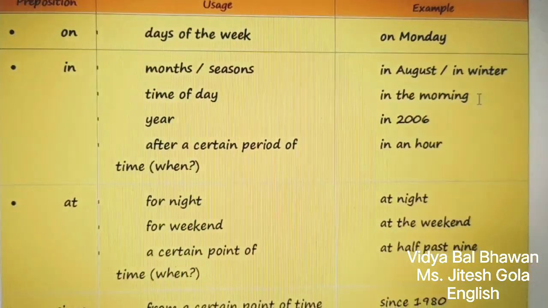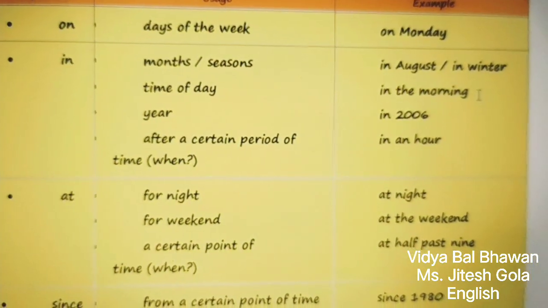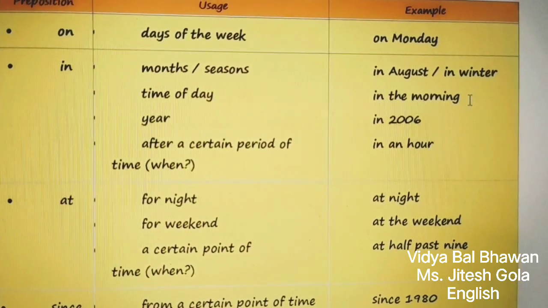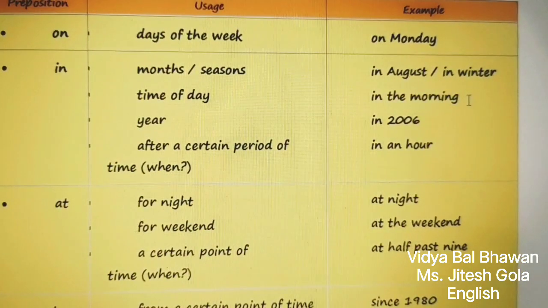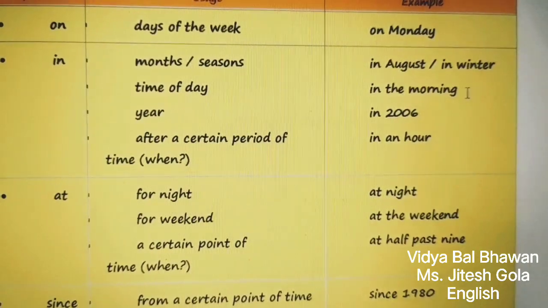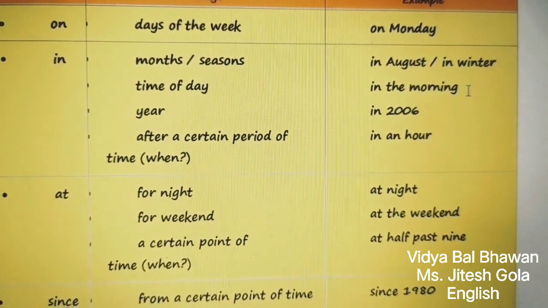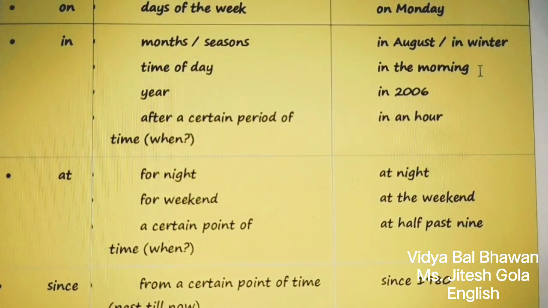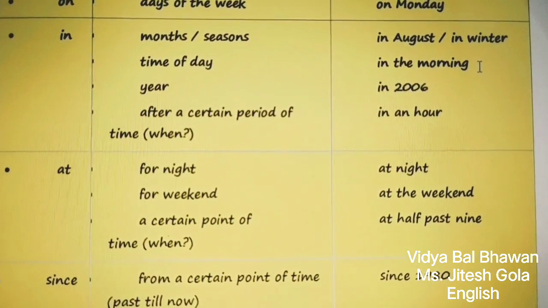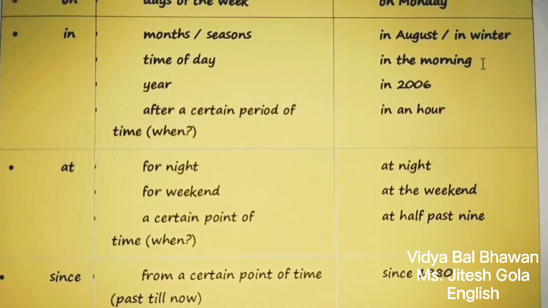In the same way, the next one is in, and we can see there are different usages for in. If we are talking about months and seasons, we can say I will come in August, we went there in winter. If we talk about time of day, I will come in the morning.